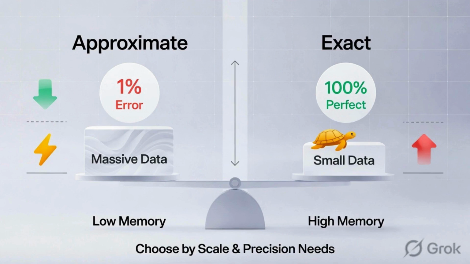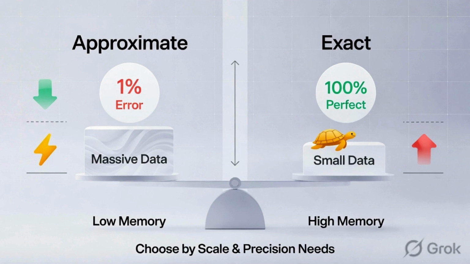The middle arrow says choose by scale and precision needs, and it's tipping hard toward approximate for most real-world monitoring and trends. Accept approximately 1% error and you get 100 times faster queries with tiny memory, perfect for dashboards, alerting, high-scale analytics. Reserve exact for billing, compliance, or small filtered sets where every digit counts.